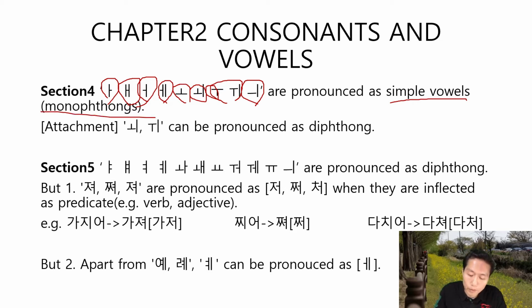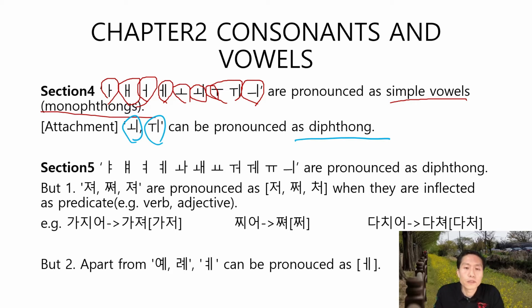But when you see 외, 위, they can be pronounced as diphthong to be easy to pronounce. So instead of saying 외, you say we. Instead of saying 위, you say wi. That's easier. Okay? Now let's look at section 5.